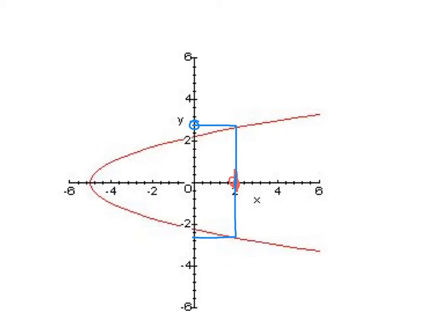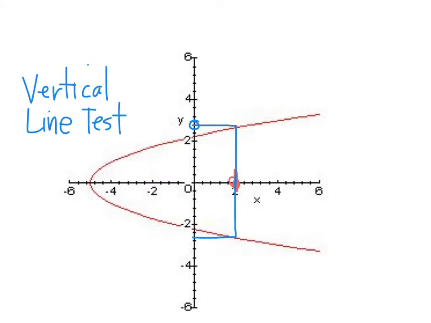In other references, when a relation is given as a graph, they use a test we call the vertical line test. The vertical line test is done by creating a vertical line to pass through the graph, and then for it to be a function, there should be only one intersection.